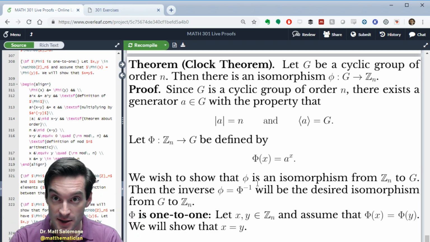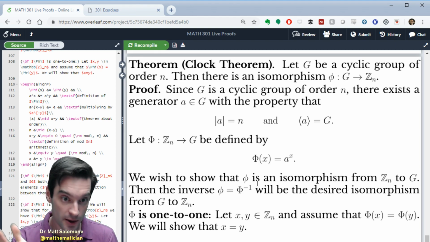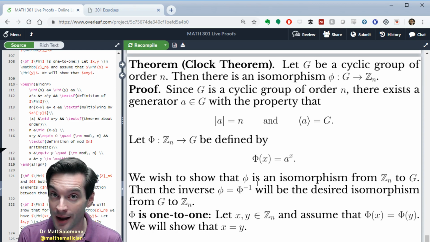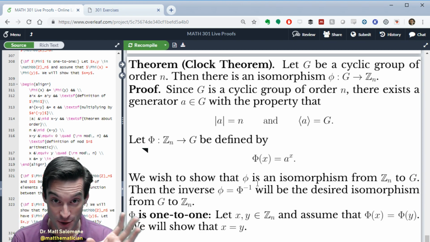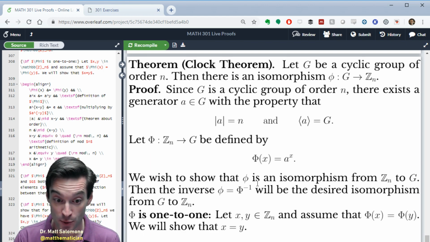If you give me a finite cyclic group, and you tell me what its order is, here's a cyclic group of order 144. I can tell you that whatever your group might look like on the surface, under the surface, it is exactly the same thing as the additive group of integers mod 144. Right? There's an isomorphism, and this is the isomorphism.